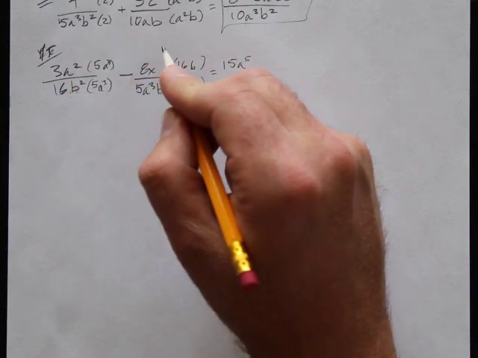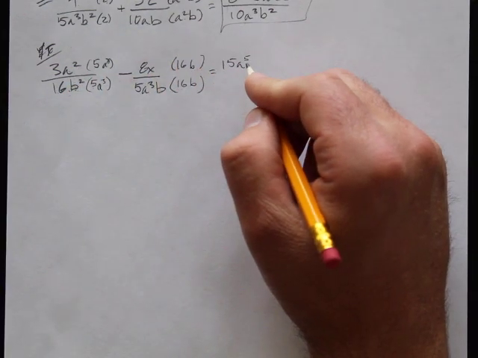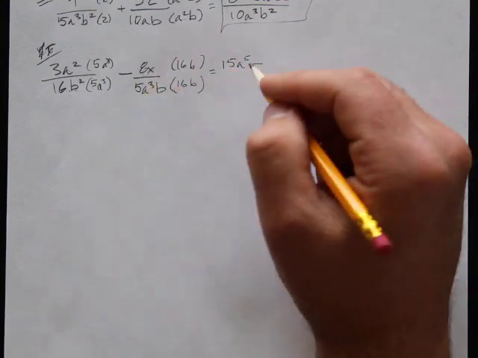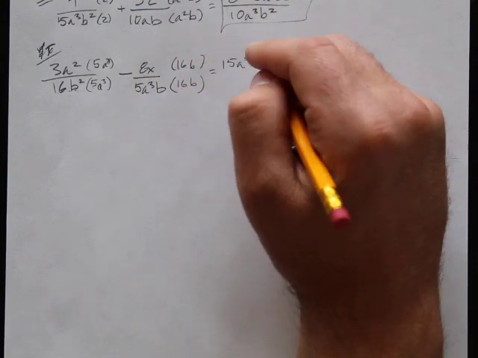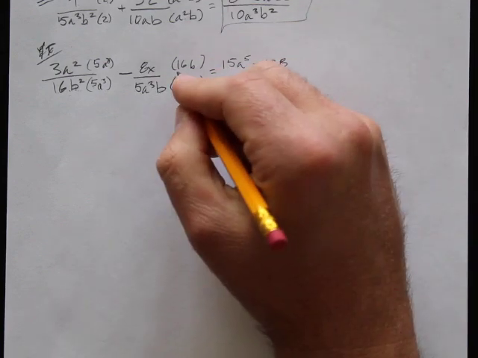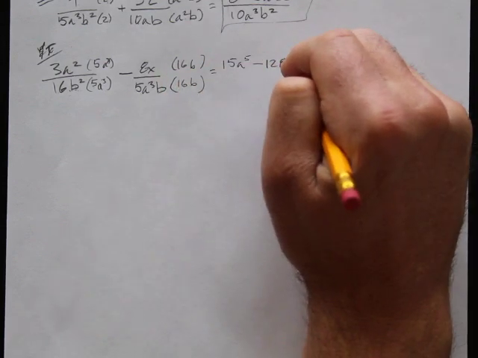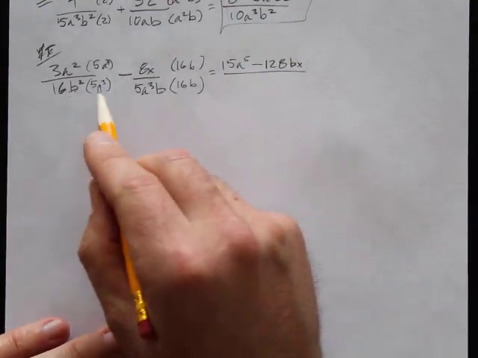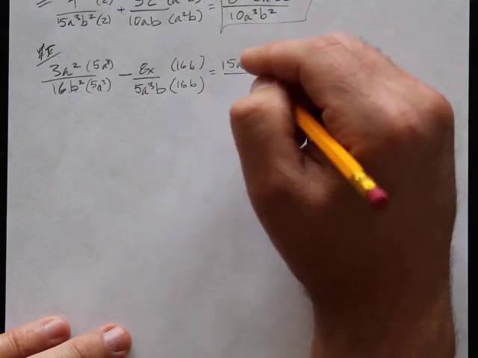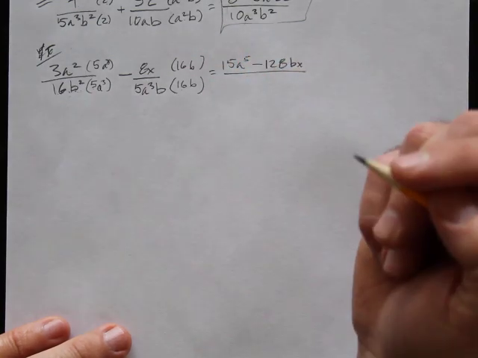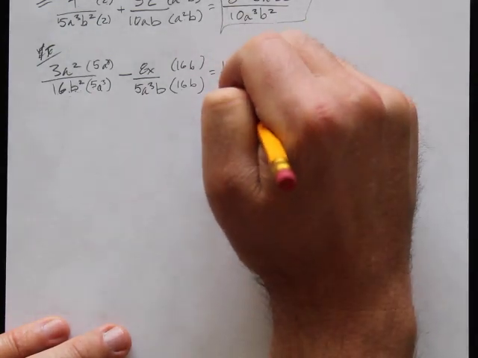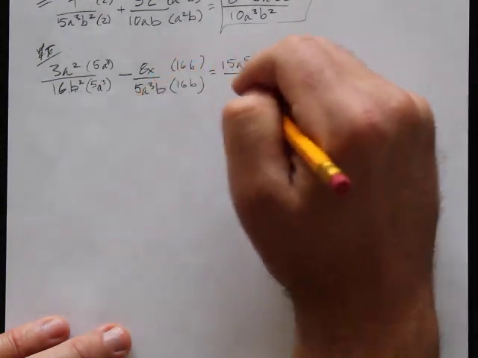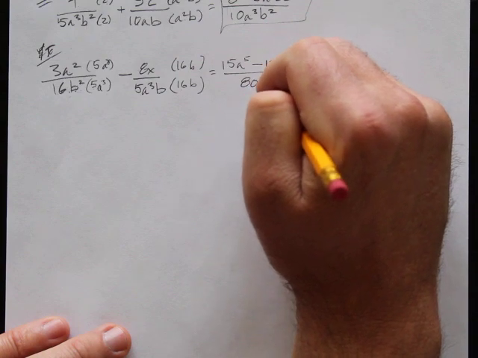I add the exponents, so I get the 5th, minus 16 times 8, which is 128, and then b times x, all over whatever each of these comes out to, which is 16 times 5 is 80, and then I've got a cubed b squared.